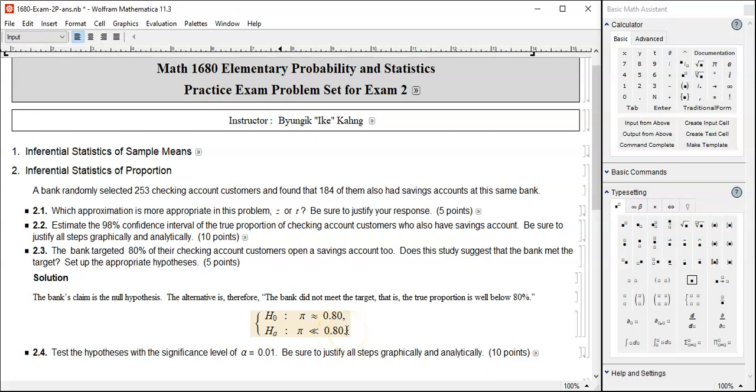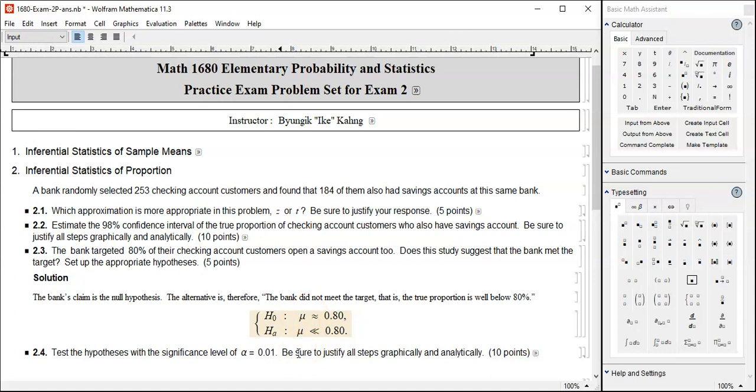By the way, if you're not comfortable with pi as the Greek letter associated with p, it's okay to use mu. As far as I'm concerned, whatever character we use here, I'll accept it. Don't use bar. It has to be a parameter, so it has to be some Greek letter.